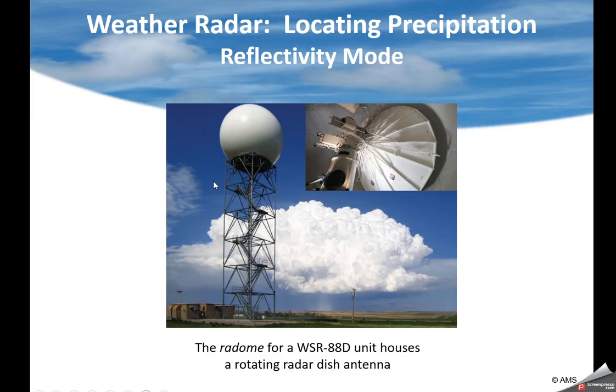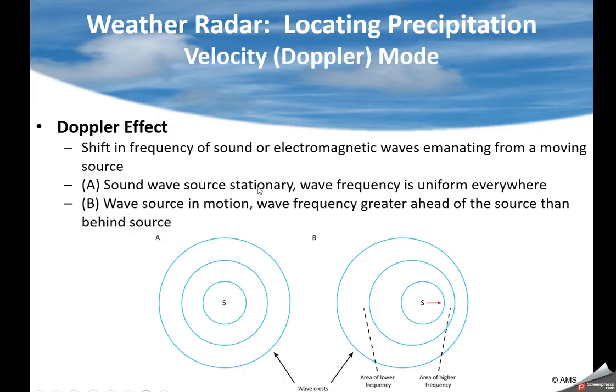So here is like a dome. They're up in the air a little ways so you don't wind up with any of this microwave really hitting the ground. And the Doppler effect is the same as if you listen to a car go by you or a train. It just changes its sound.